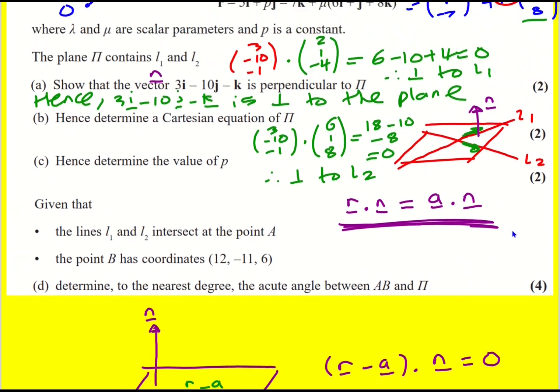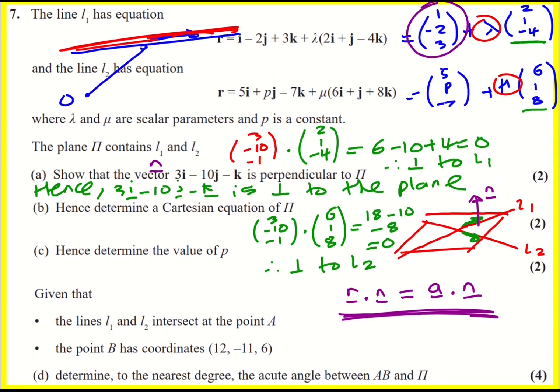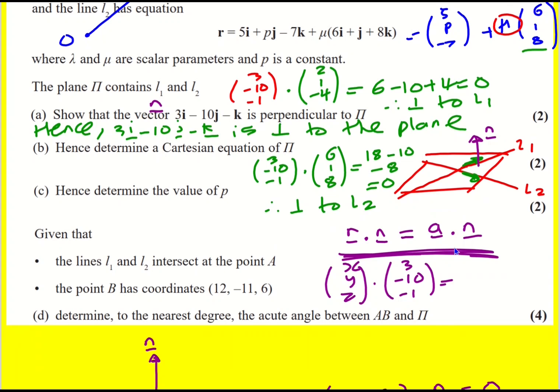So we want our Cartesian equation. Right, now a is going to be this one here. This gets us onto the plane. You could use alternatives, but that's going to be the simplest one to use. So (x, y, z) dotted with our normal (3, -10, -1) is going to equal (1, -2, 3) dotted with (3, -10, -1).